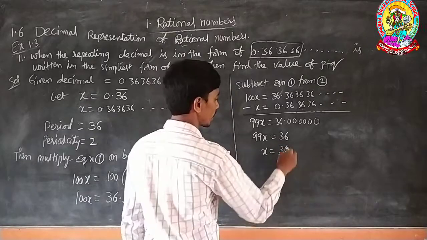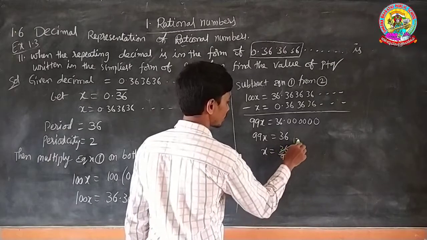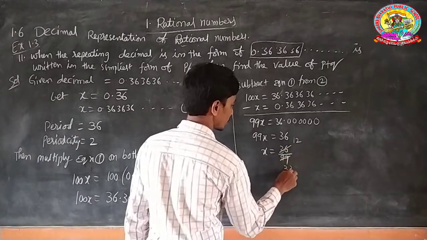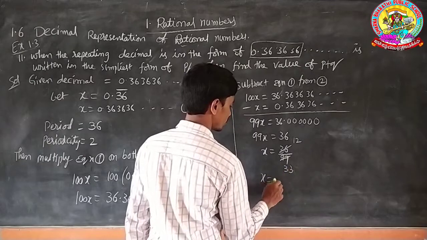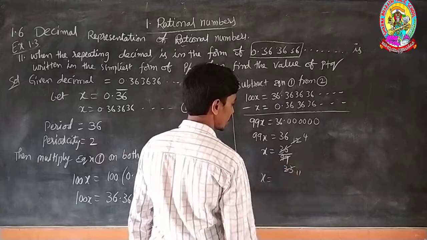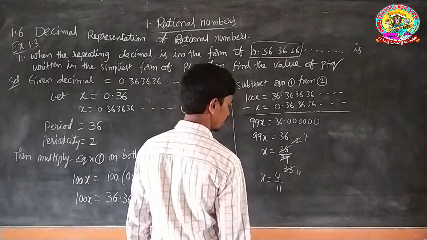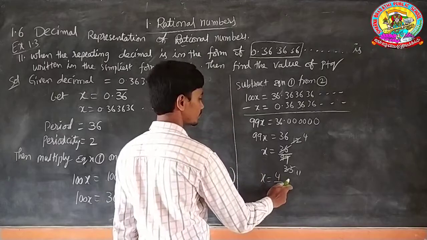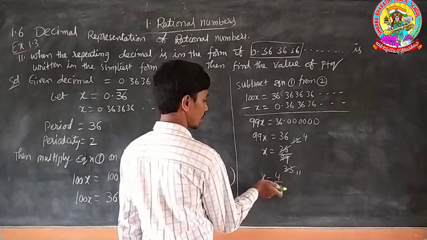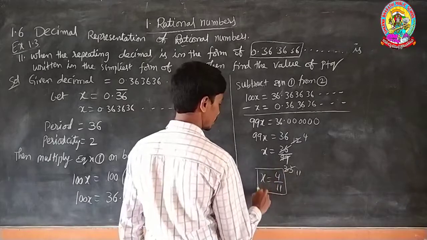In both, the third table cancels. Third table cancels by 1 time, third table cancels by 2 times, by 33 times. So x is equal to, again third table cancels by 4 times, and by 11 times. So x is equal to 4 by 11. This is the simplest form because there is no common factor in both numerator and denominator to cancel.